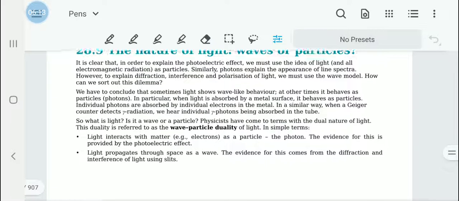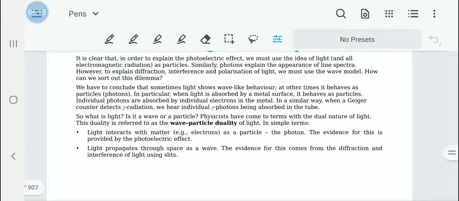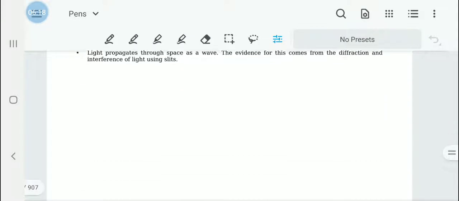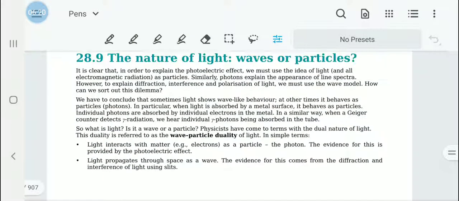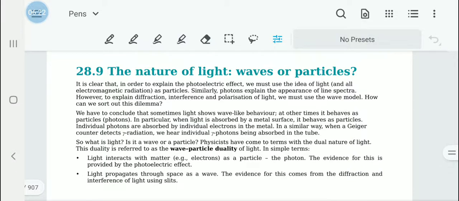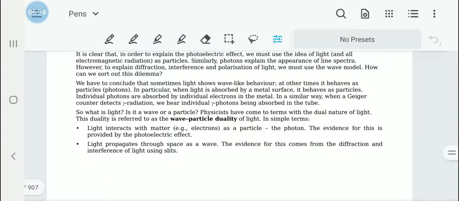Write down, light behaves as waves and also as particles. This is referred to as the wave particle duality of light. Write down, number 1, light interacts with matter as a particle.